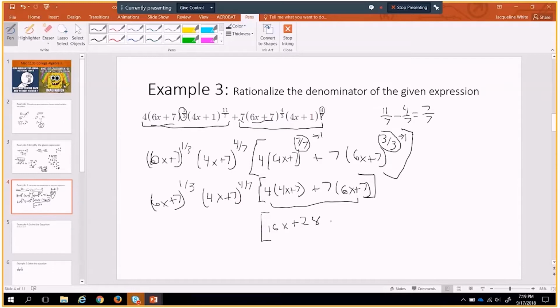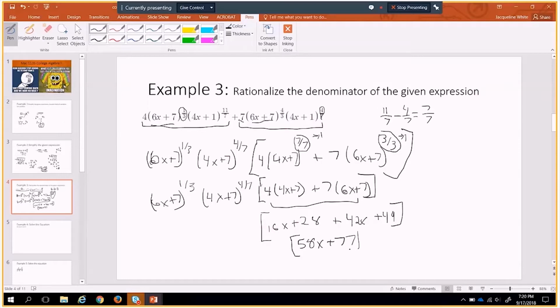And now on this side, we have a plus 7 times 6x, so that's a 42x, and a 7 times 7, so that's a 49. All right. Combine like terms, we have a 16x plus 42x, that's 58x, and a 4 plus 49, and that's plus 53. Hopefully I did my math right there.